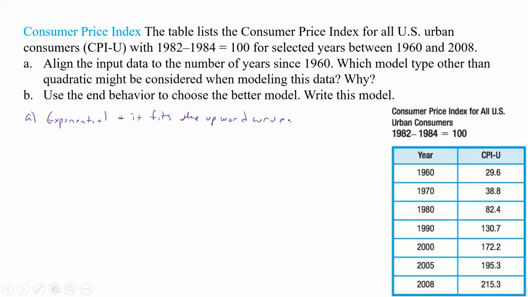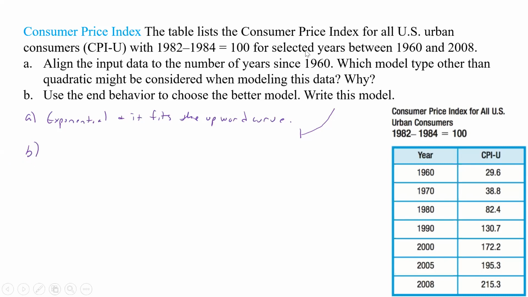Okay. And it might fit better because we have that starting point and then we go up from there. So the exponential might be the one to use just based on looking at the data, starting here. Well, now B says use the end behavior to choose the better model and then write the model.